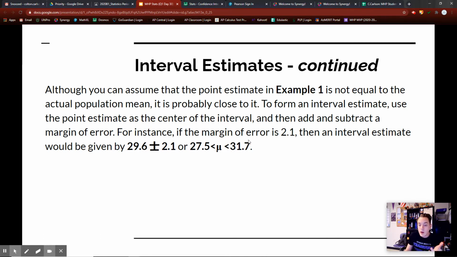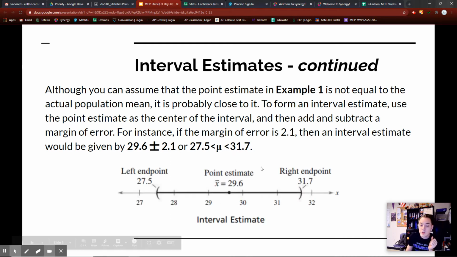For instance, if the margin of error is 2.1, then the interval estimate would be given by 29.6 plus or minus 2.1, or 27.5, then our mu, our population mean, and then 31.7.